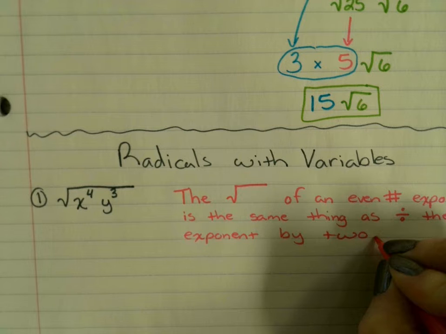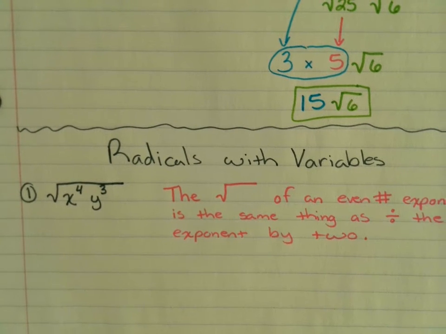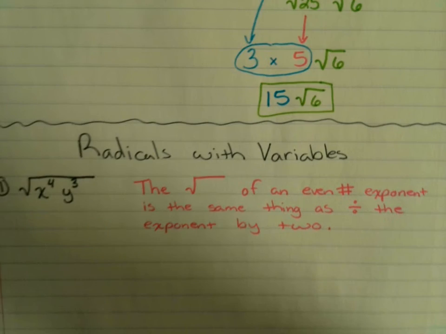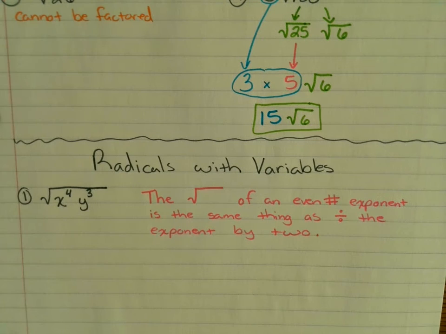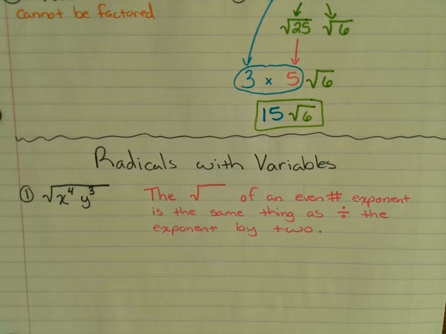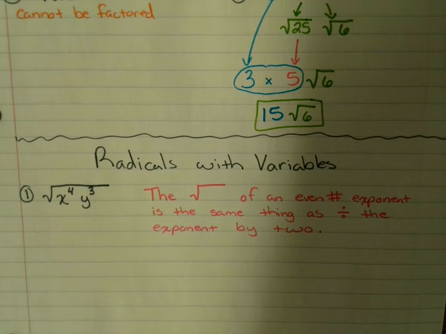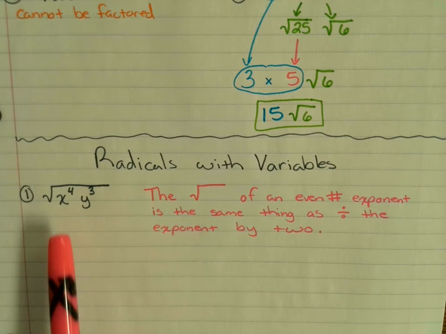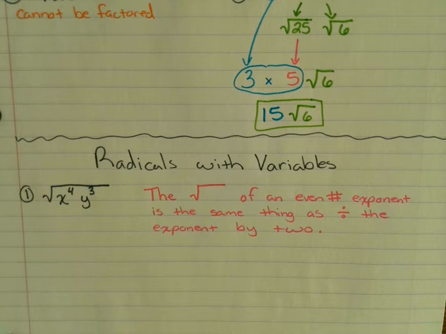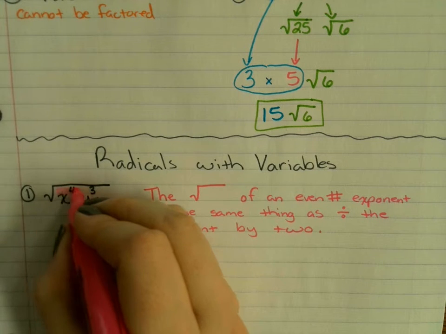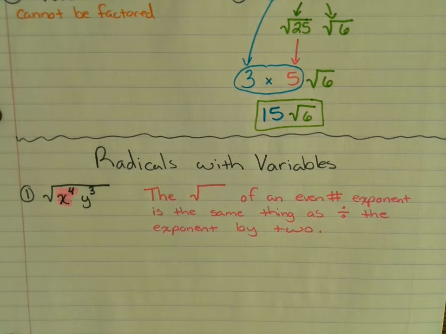Okay, so if you have an even numbered exponent, then you can take the exponent and divide it by 2. So for example here, x to the 4th. X to the 4th is an even numbered exponent, right? Because 4 is an even number.